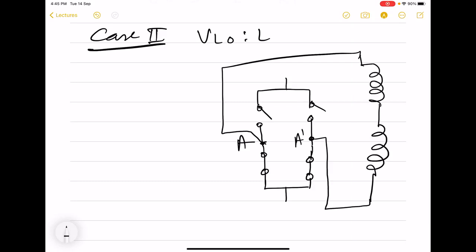So here we have already seen that this is at plus VLO, while A is at minus VLO.